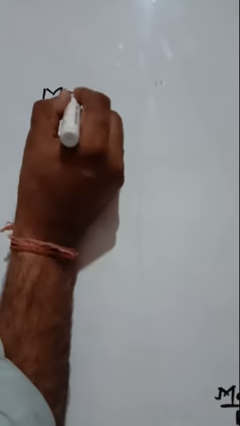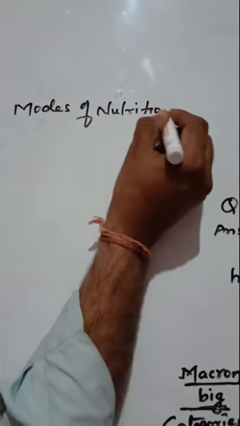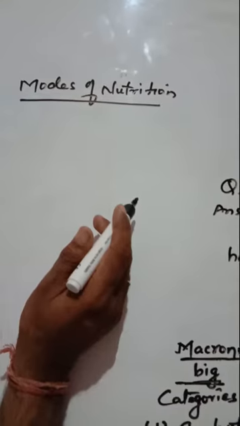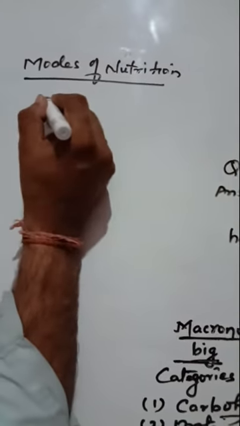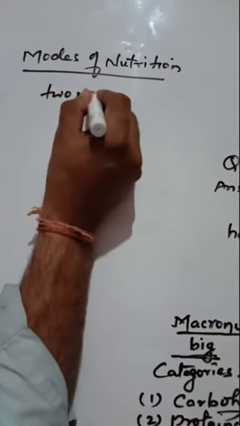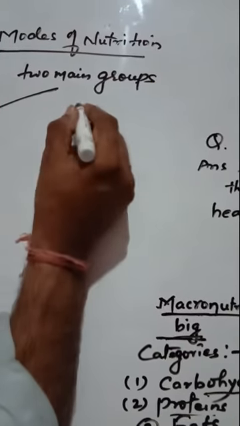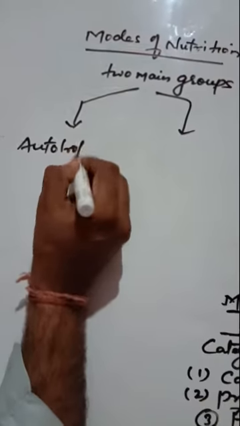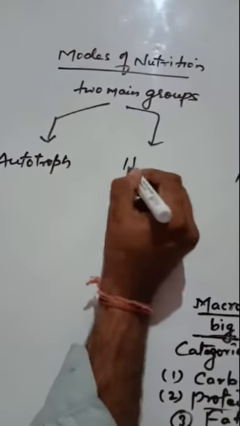Now, there are different modes of nutrition. We are taking in food, proper intake should be there. Then it has been divided into two main groups. What are they? First one, autotrophs, and second one is heterotrophs.